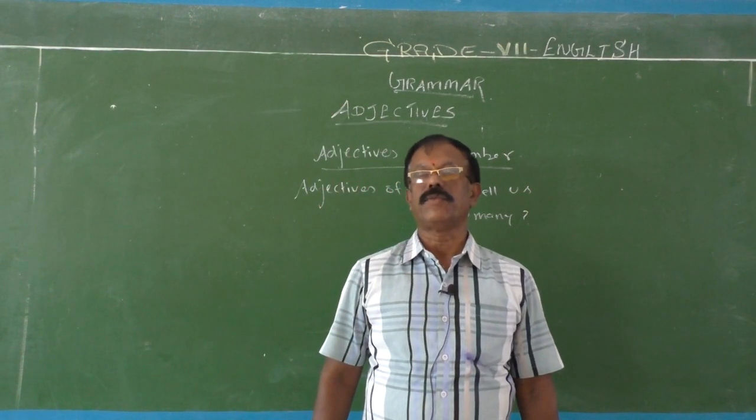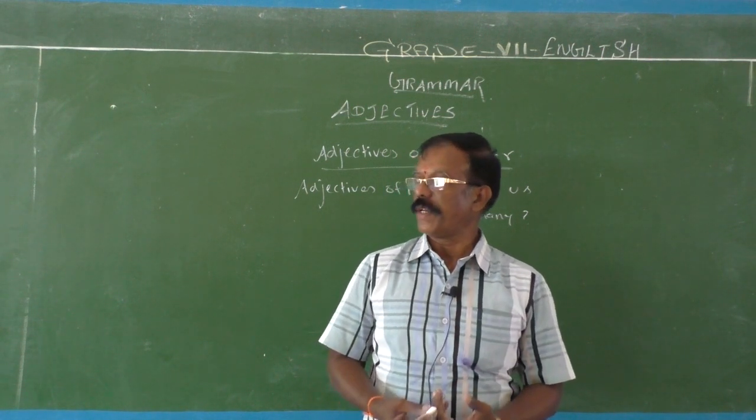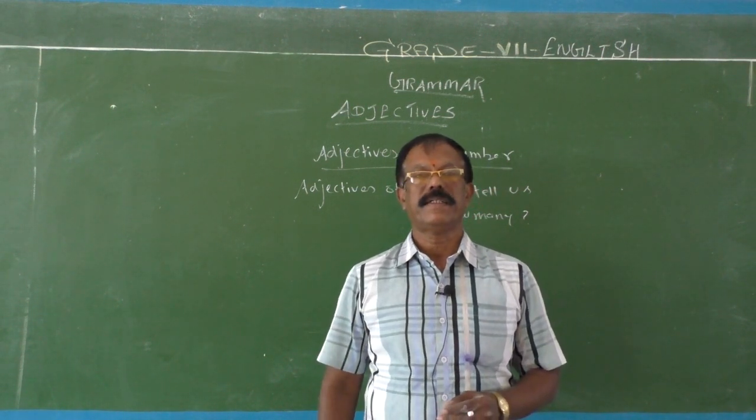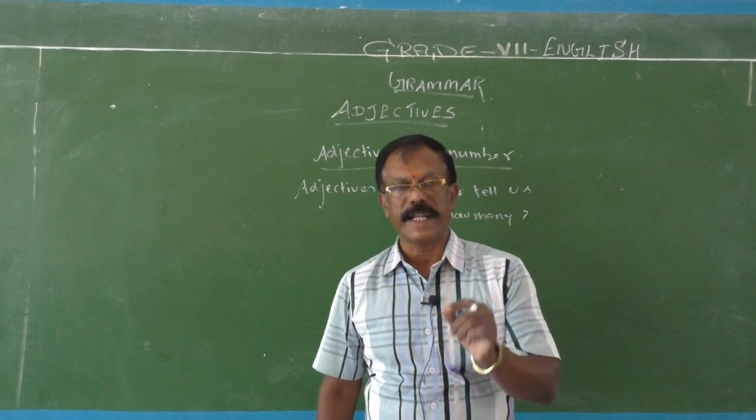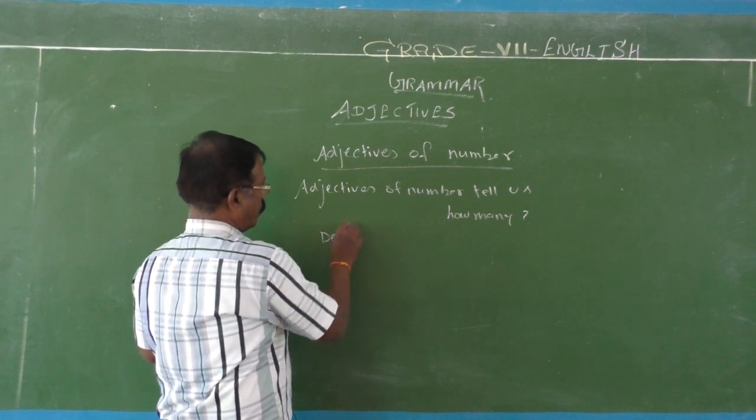You know that numbers are of two types, definite number and indefinite number. Suppose if an adjective refers to definite number, then it is called a definite numeral adjective.